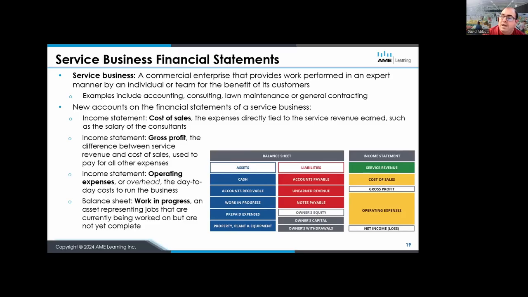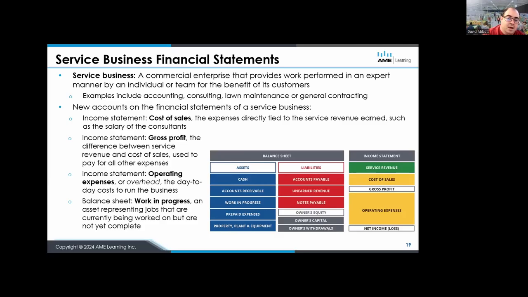Anything like that would be considered a service type business. Some accounts specific to them on the income statement: they will have a cost of sales account, which shows the expenses that are directly tied to the service revenue that's earned, such as the salary of the consultant.